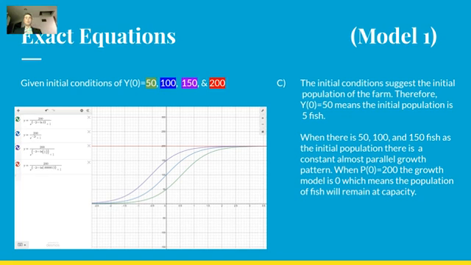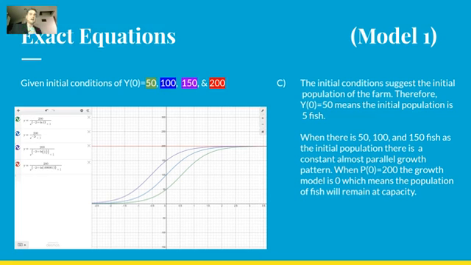This is what we do here, looking at the initial condition values of y of 0 equal to 50, 100, 150, and 200. In this case, we will just plug these values into our general solution with t equal to 0 and y equal to our 4 values here.